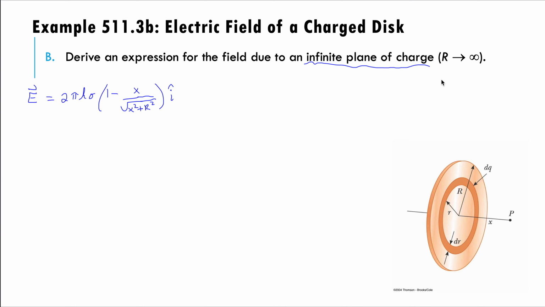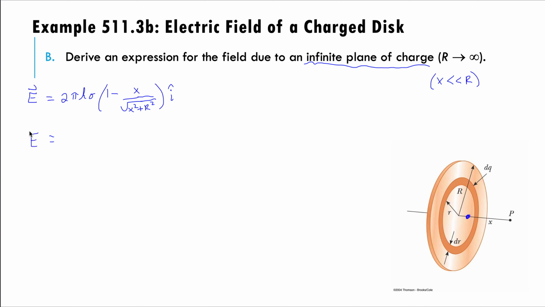You can think about this being equivalent to x being much, much smaller than r, right? If you're really close to the disk, then it's as though to that point, that disk is infinite.